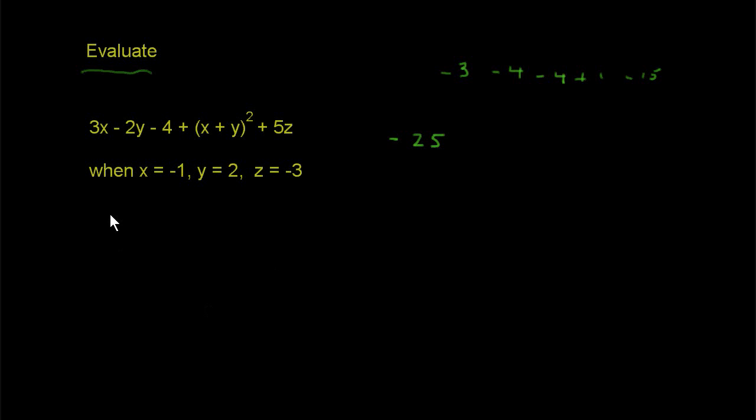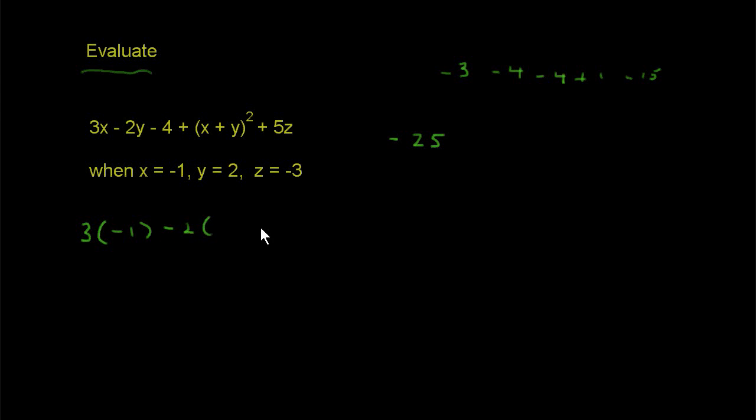If not, let's go through it in detail and see if it truly is, when we evaluate this, if we get -25. So we're just going to go through and replace each of the variables with what they are equal to. So x is equal to -1, just plugging in.